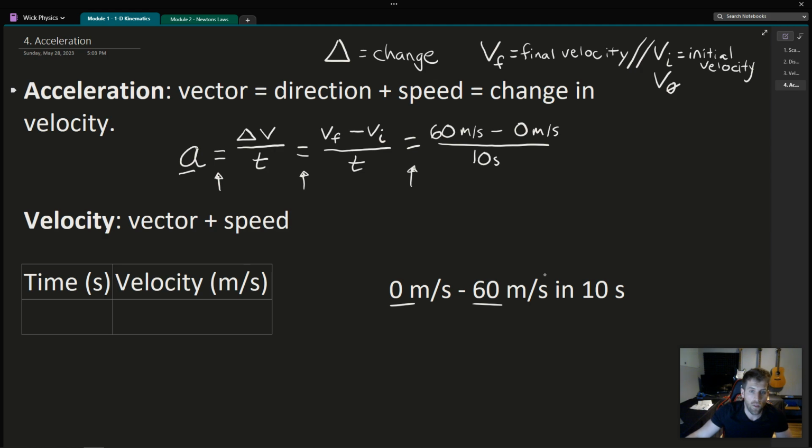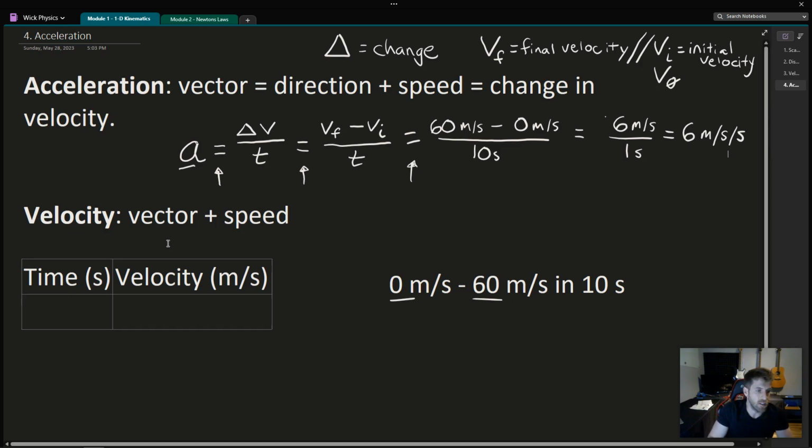Well, that's just 6 meters per second, because 60 minus 0 is 60, and that divided by 10 is 6. So we have 6 meters per second, and that's going to be equal to literally what I just said. 6 meters per second is the acceleration. Okay? Pretty swift, pretty easy to understand.